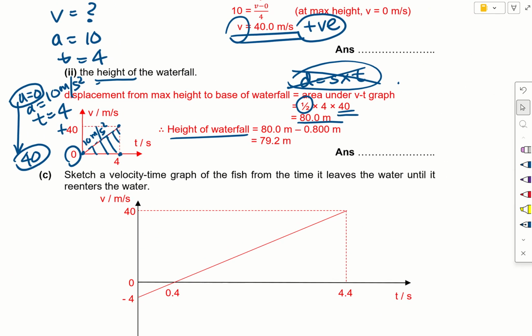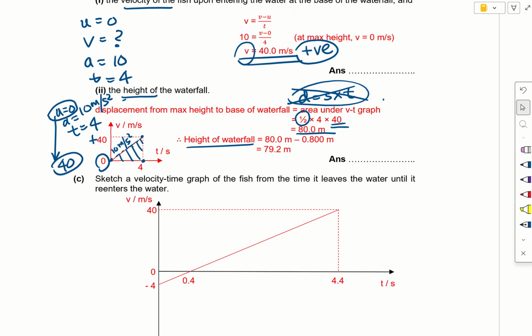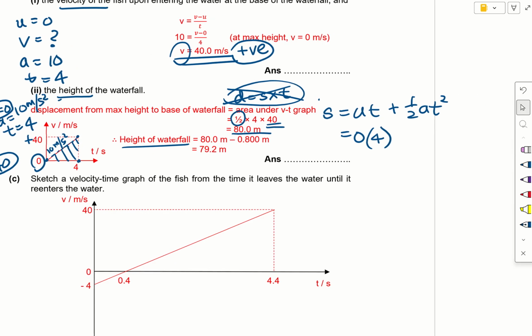So how about, can we use the other formula, s equals ut plus half at squared? Which we can. u is 0 multiplied by t, where t is 4, but 0 multiplied by 4 is 0. Plus half times 10, and t again is 4 squared.